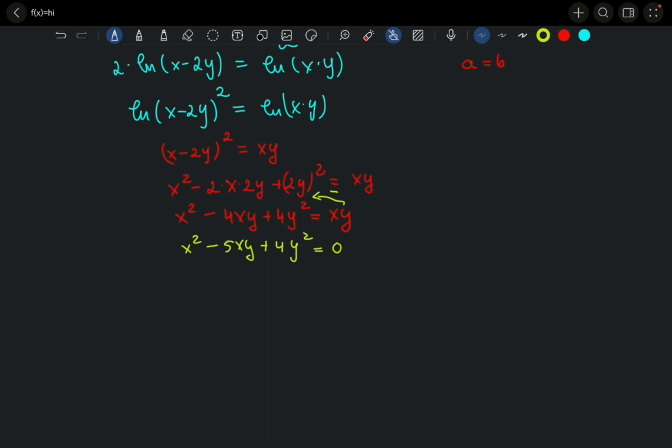We are asked to find the value of x over y, so naturally our next step will be to divide the equation by y squared.